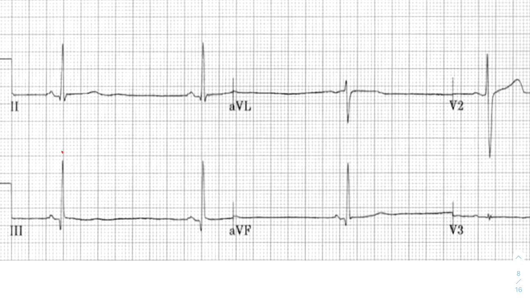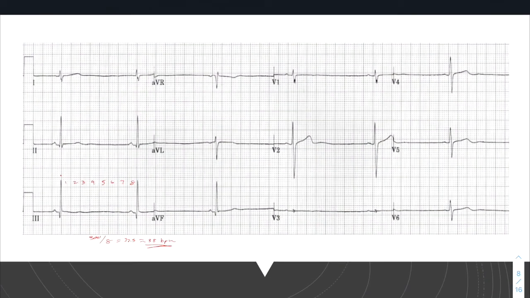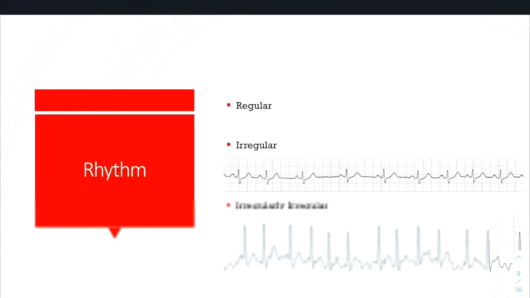So here is your first big box, and we're going to count between this and the next R peak. 1, 2, 3, 4, 5, 6, 7, 8, and then we have 300 divided by 8. That equals 37.5, so we'll round that up to 38 beats per minute. And this is far less than 60 beats per minute, so this is a good example of sinus bradycardia.